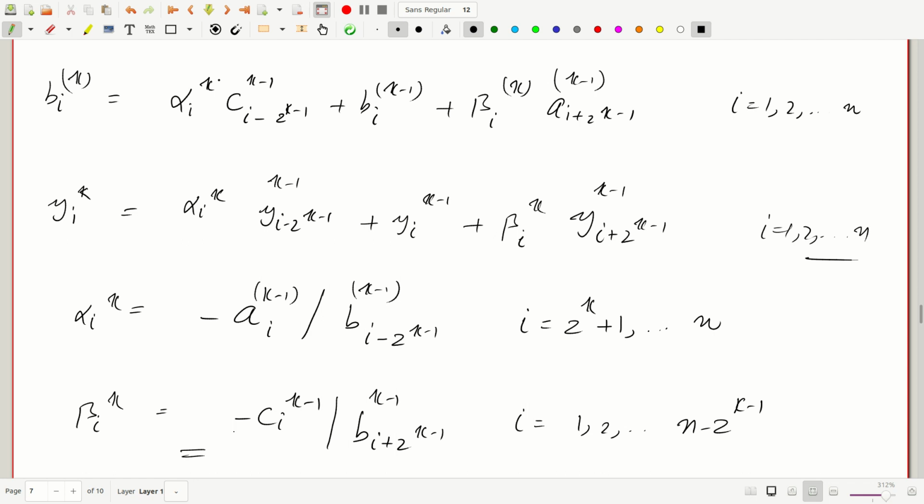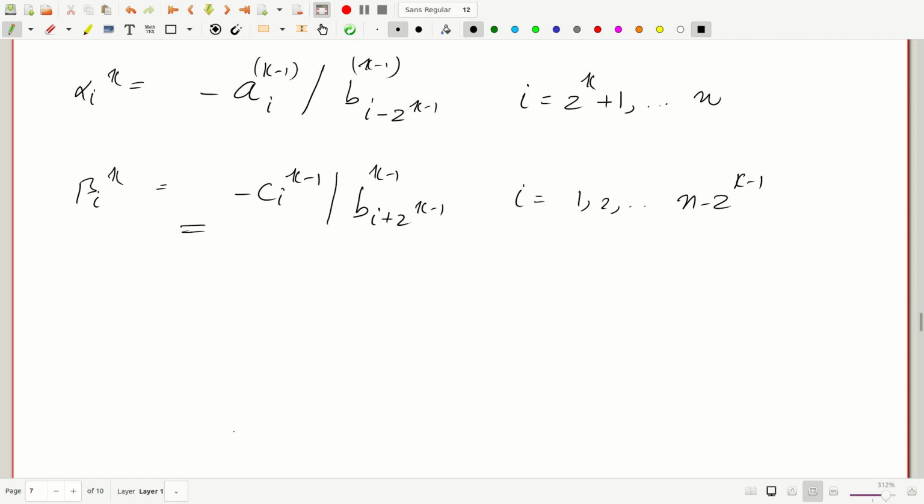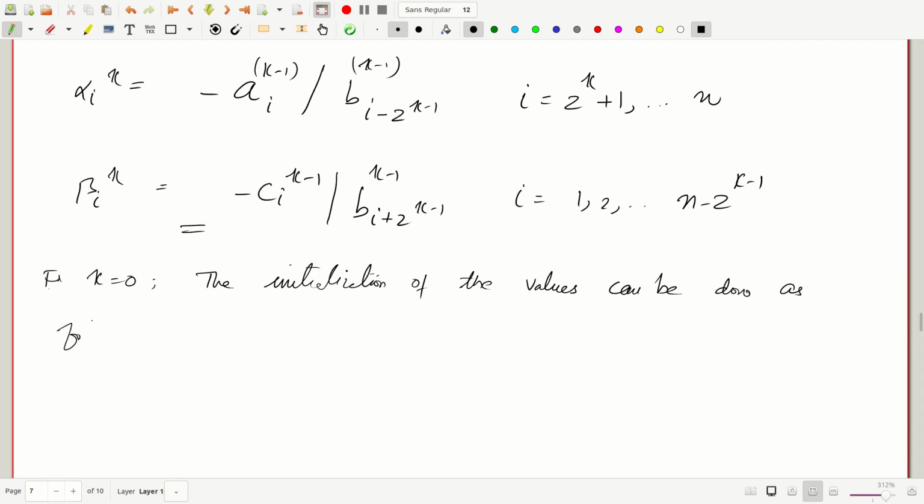Okay, now once we have this, we can use these recurrence relations to calculate all these expressions. Of course, we also have to initialize for k equal to 0. So for k equal to 0, the initialization of the values can be done as follows, right? Because we are using these relations.